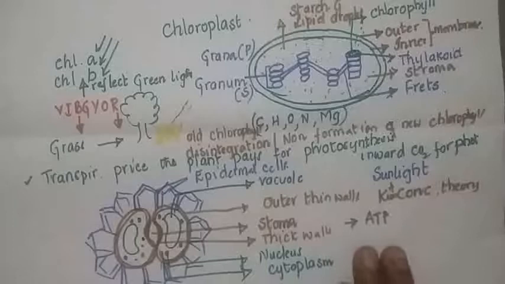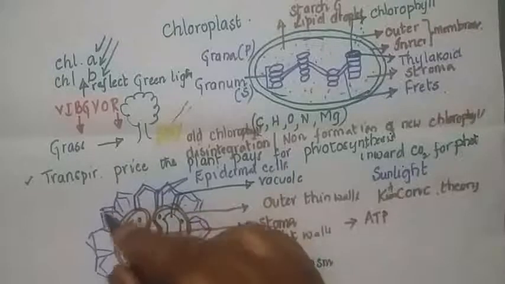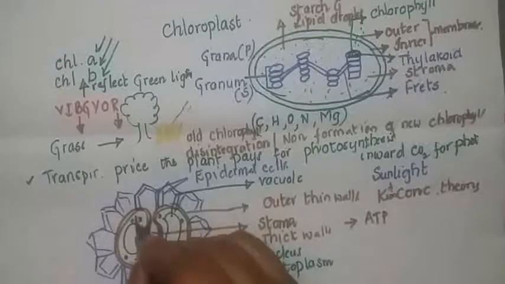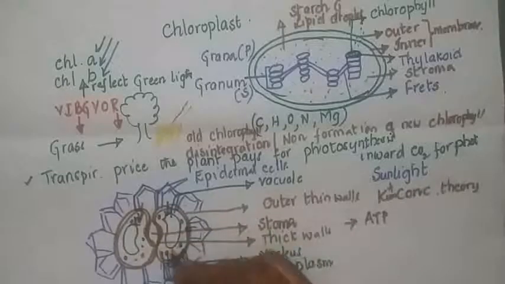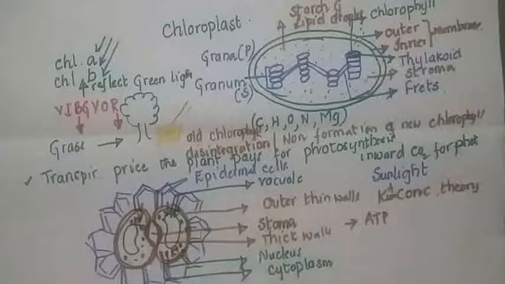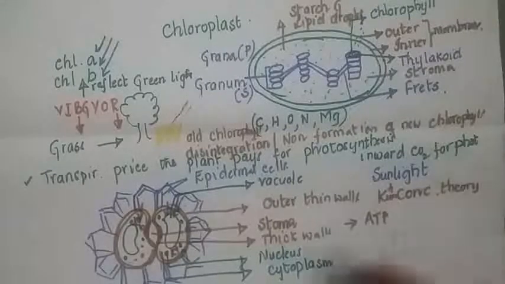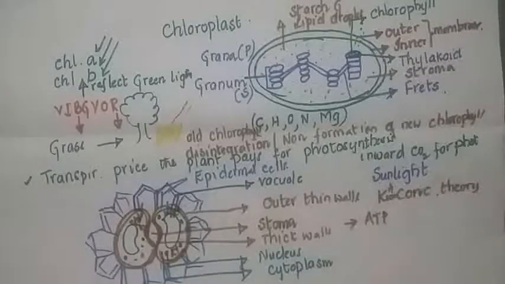And due to the generation of ATP during photosynthesis, the potassium ions which are found in the adjoining cells move inward. They move inward during the day. So there is an inward movement of potassium ions during the day because there is a generation of ATP during photosynthesis, or you can say that the concentration of potassium ions in the guard cells increases during the day.